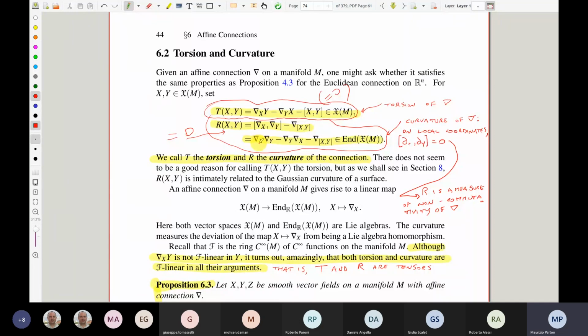This is a type 4 tensor. Being 0 means that it is 0 whatever you put in each of the 4 slots. So being 0 is a very strong condition. Well, theorem: this is 0 if and only if the manifold is locally isometric to Rn. This is the theorem I was referring to before.